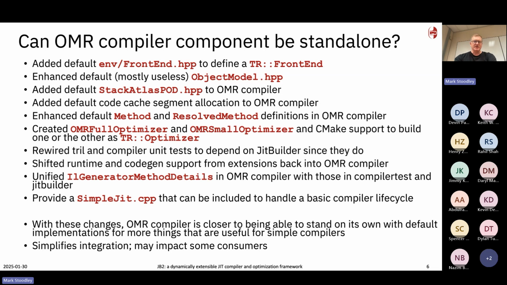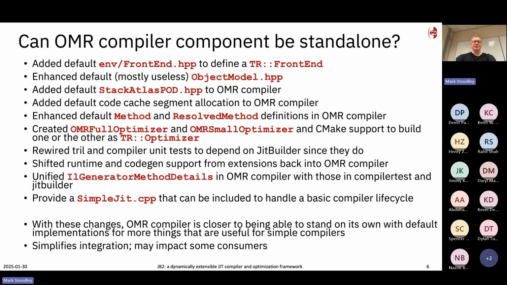So rather than do that, I created two example optimizers inside OMR. Full optimizer is the equivalent of OMR optimizer right now, and it includes all of the optimizations. Small optimizer is essentially the same thing that JitBuilder had in its own definition.